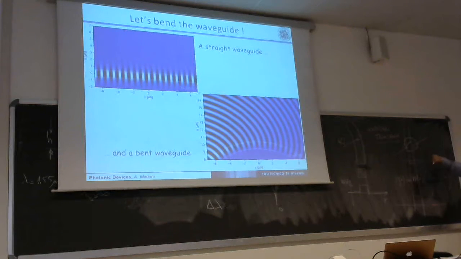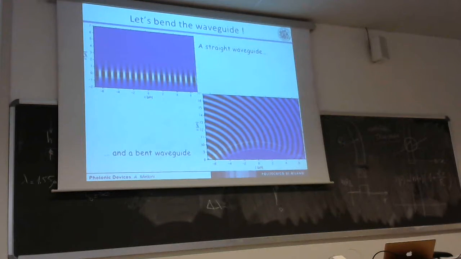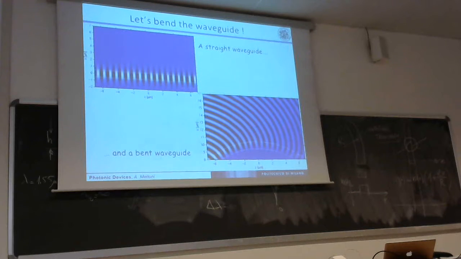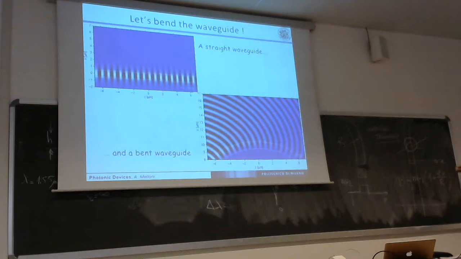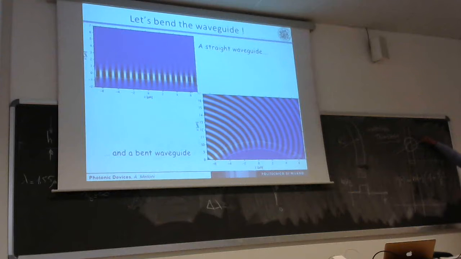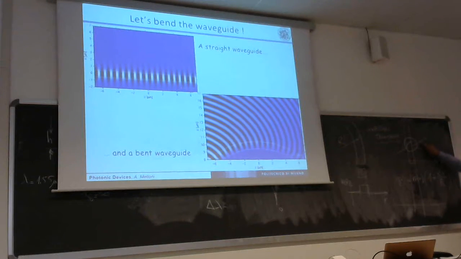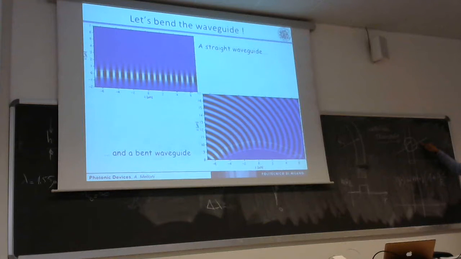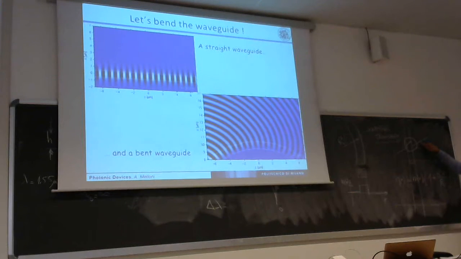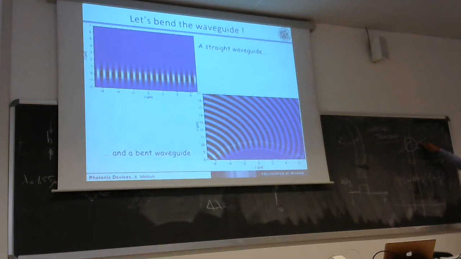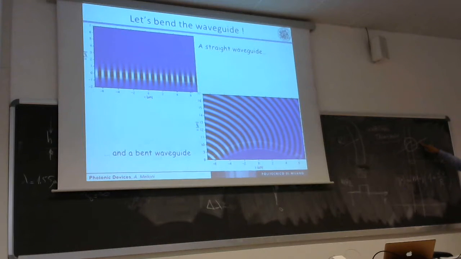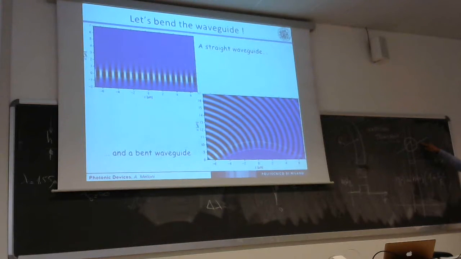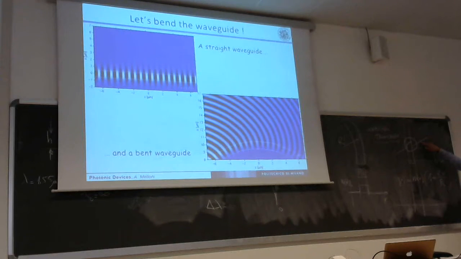This is the core, and the refractive index of the core is higher than the cladding to achieve confinement. You see the problem? At some point you find an equivalent, it's not really an equivalent, refractive index that is higher than the core.